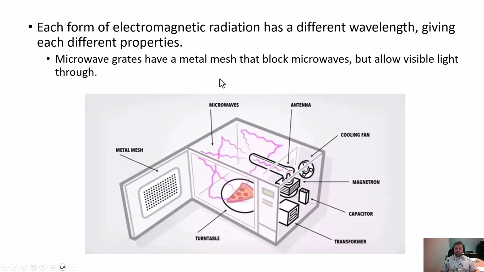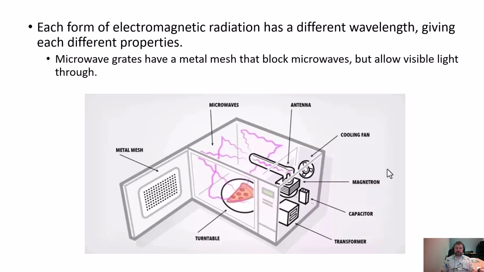Again, this is just humans' ability to take energy from different sources. In this case, most microwaves are run off of electricity that is generated.